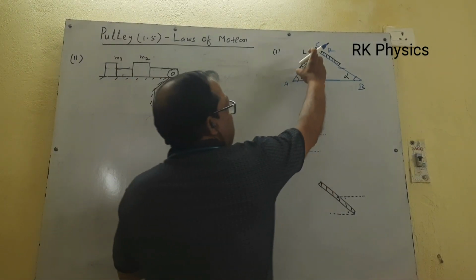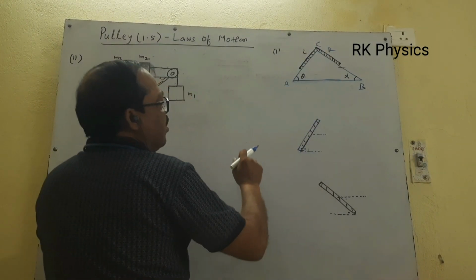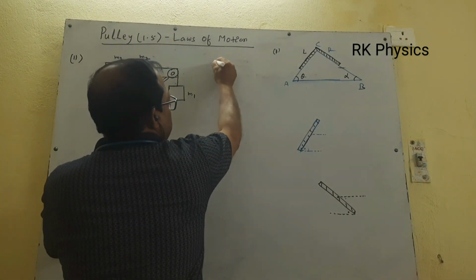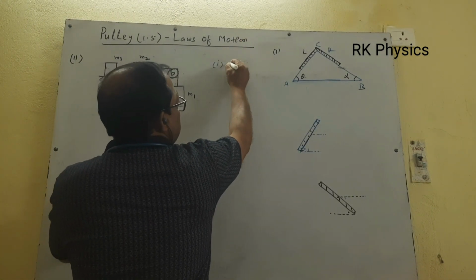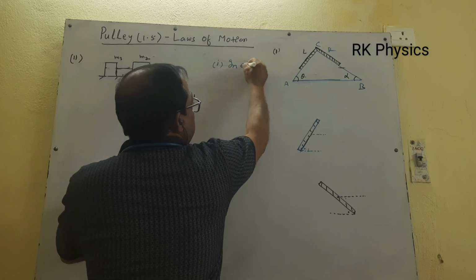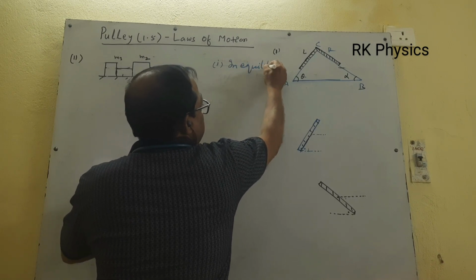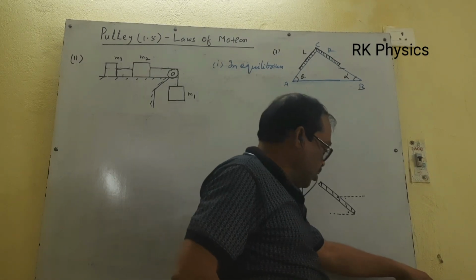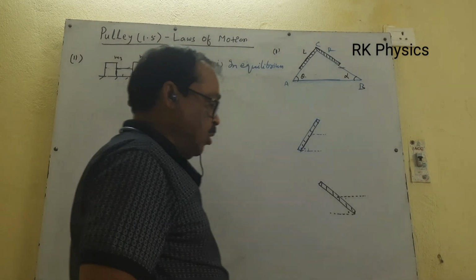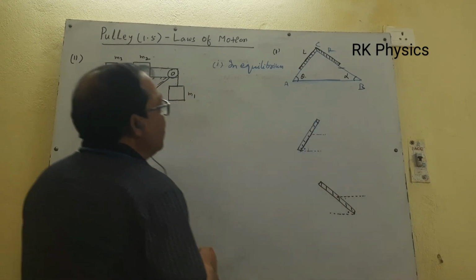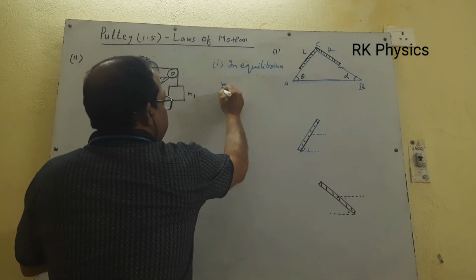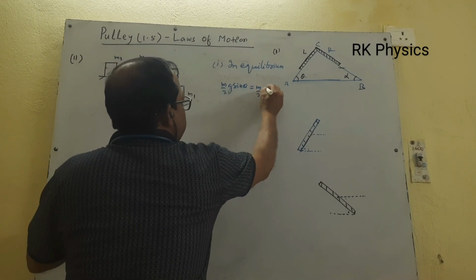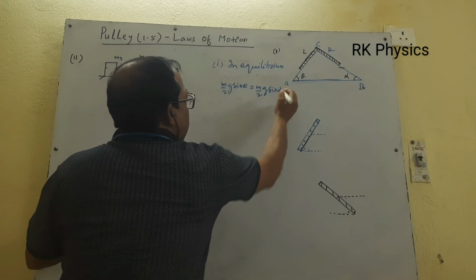Now, if the left section and right section have the same mass, that means C is the midpoint, then as we discussed in the last video, it is in equilibrium. There is no motion. No motion means m by 2 g sin theta equals m by 2 g sin alpha.